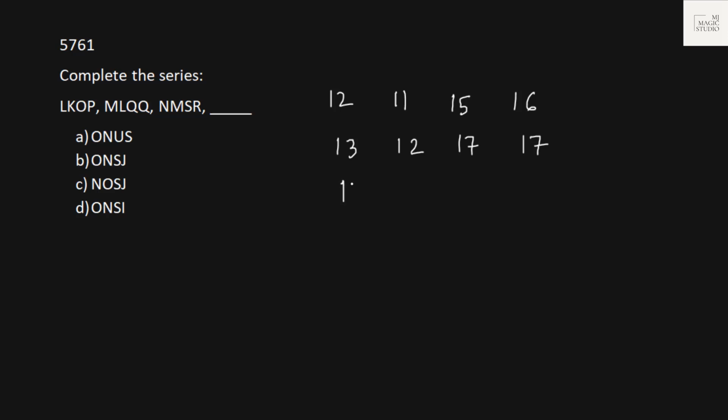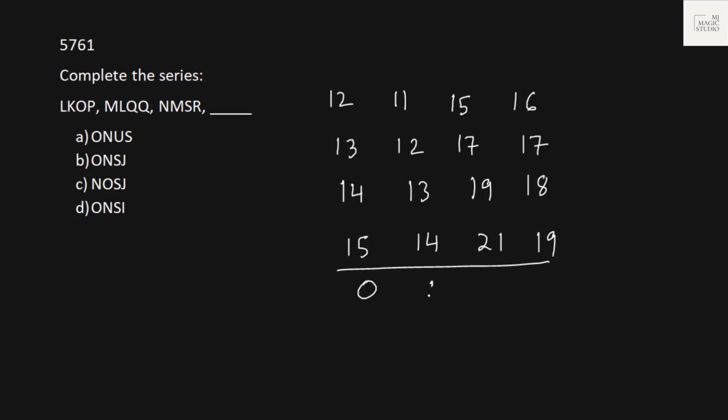N is 14, M 13, then S is 19 and R is 18. 12, 13, 14, 15, 11, 12, 13, 14, 15, 17, 19, 21, 16, 17, 18, 19. 15 is O, 14 is N, 21 is U, and 19 is S. O N U S, option A fits in.